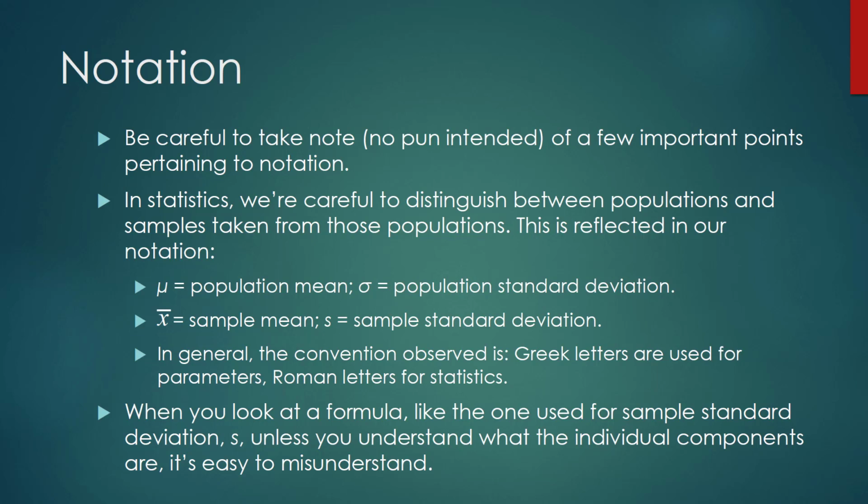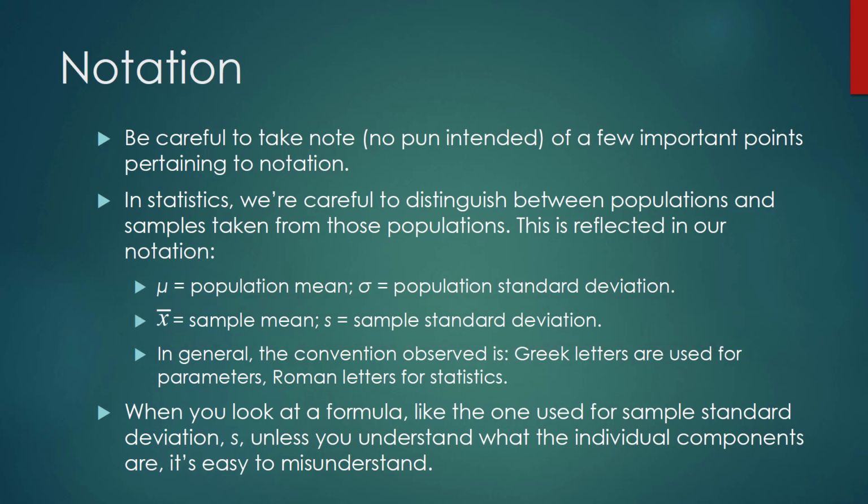We use Greek letters for parameters. That would be numbers that come from populations. So we use the Greek letter mu for population mean, and we use the Greek letter sigma for population standard deviation. And we use Roman letters for statistics that come from a sample.